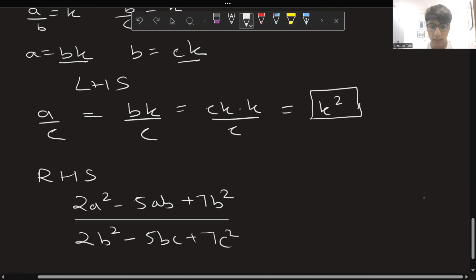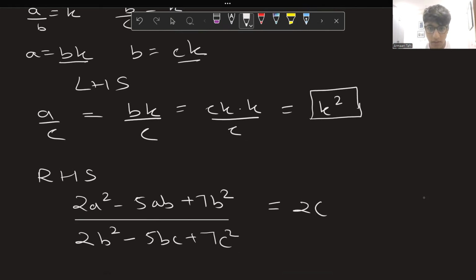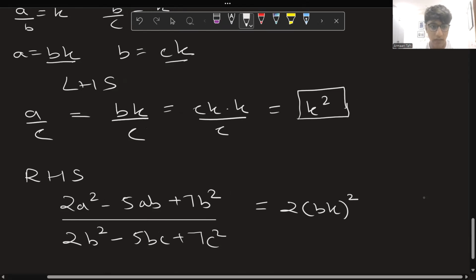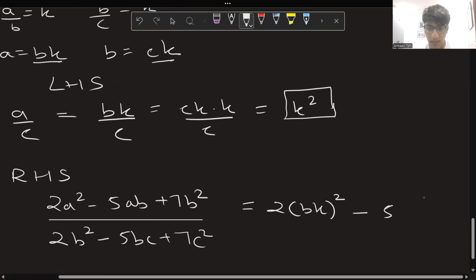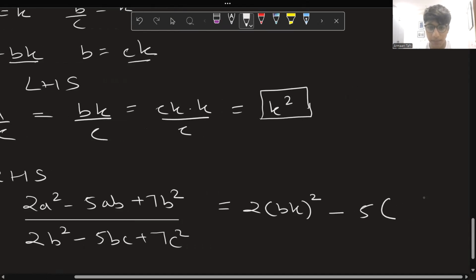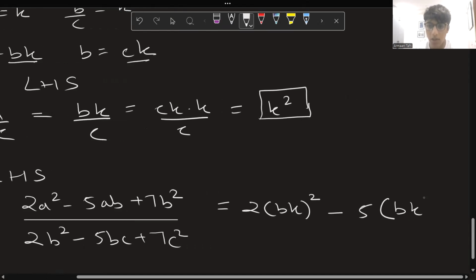Let's use our same thing we got up above. We can write a as bk, right? So 2 times bk squared, and we can write 5ab once again as minus 5, A we've written as bk. Okay, now here is the next rule I want you to keep in mind.